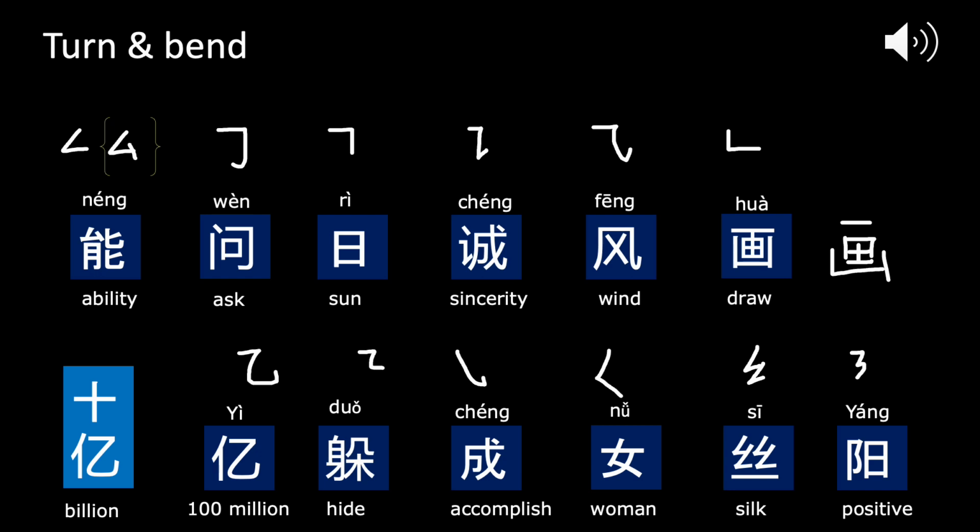能 ability. The first stroke is 撇折. The second one is 问 ask. The stroke is 横竖钩.